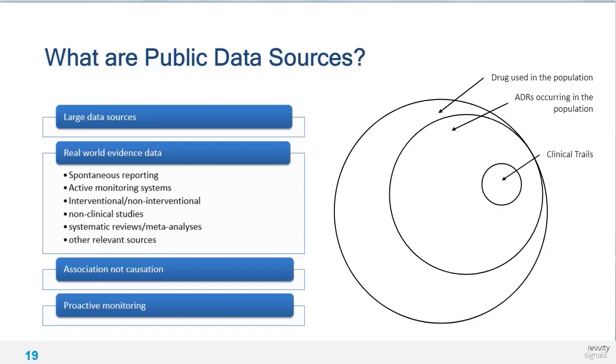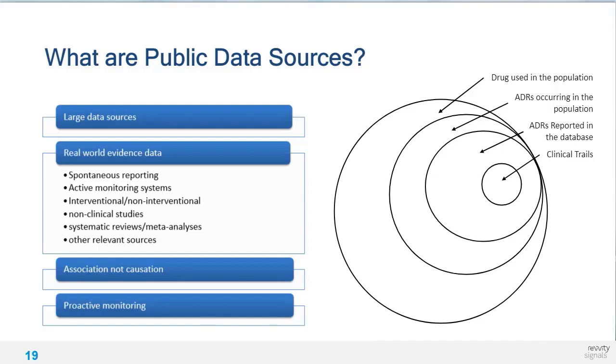So the data set that we are going to use for pharmacovigilance is here, and we're hoping that it can include not only the clinical trial data, but also data from, for example, spontaneous reports, like voluntary communication from an individual, like healthcare professionals, consumers, or mandatory reporting requirements from manufacturers.